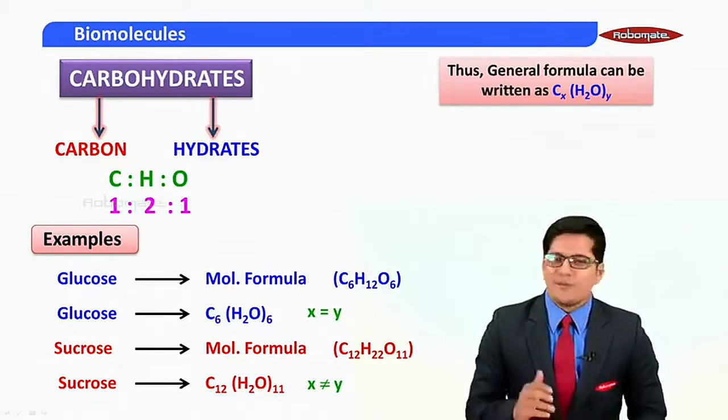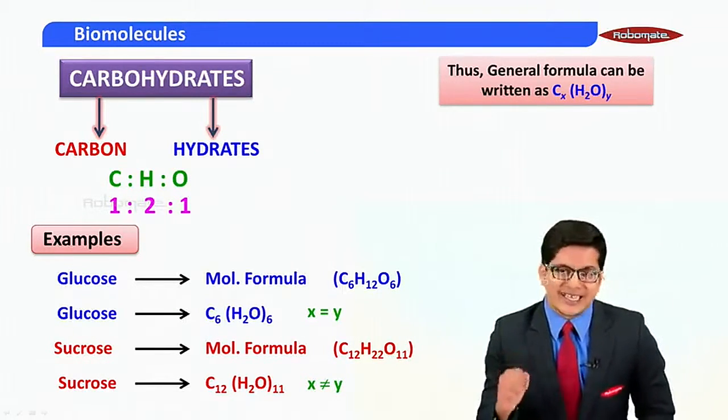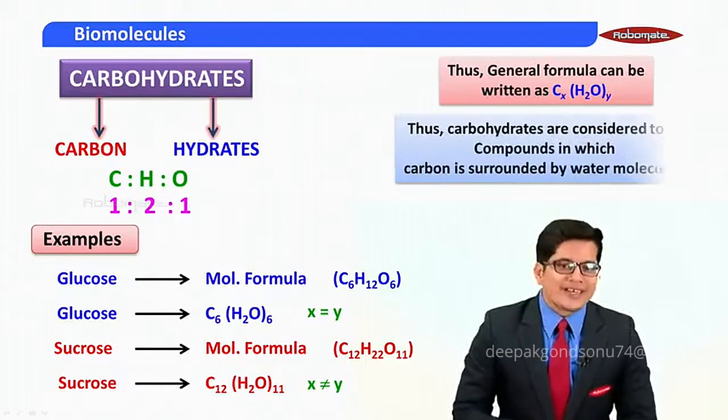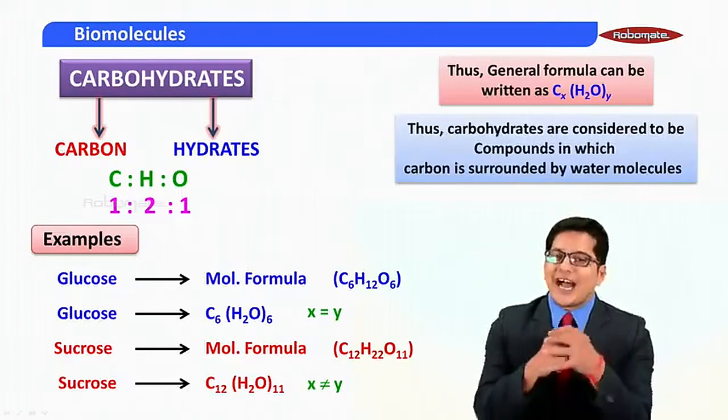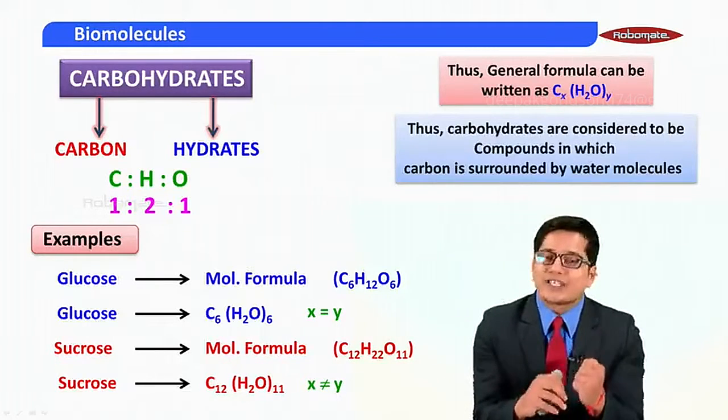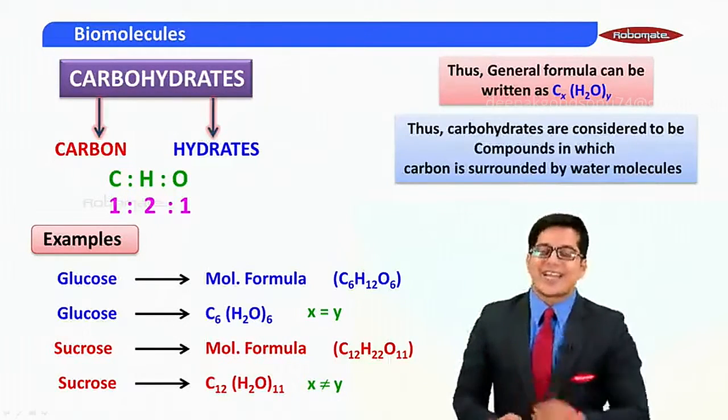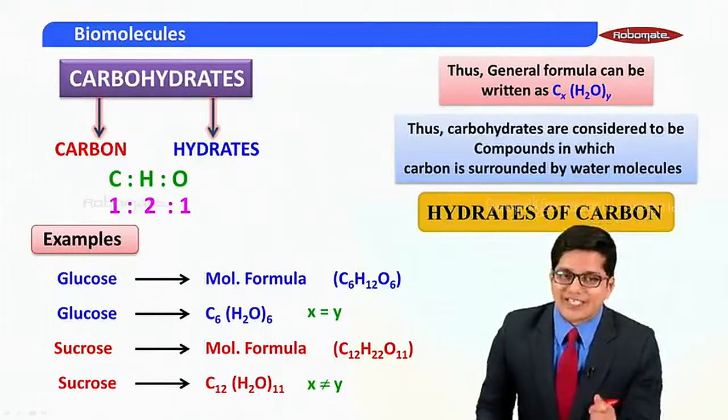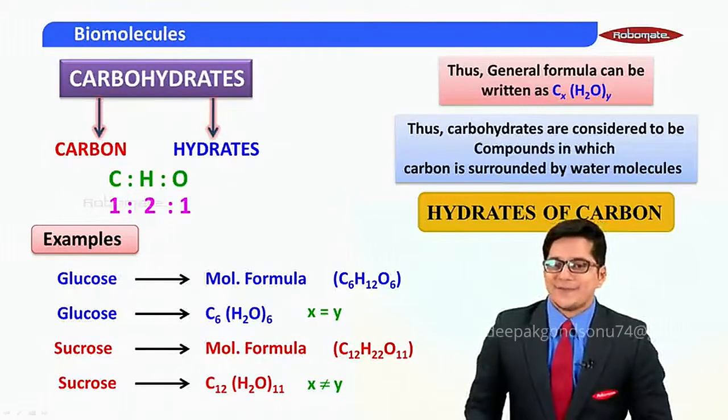And now, moving further, we can also say that carbohydrates are compounds in which carbon gets surrounded by water molecules, and thus they are rightly referred to as hydrates of carbon.